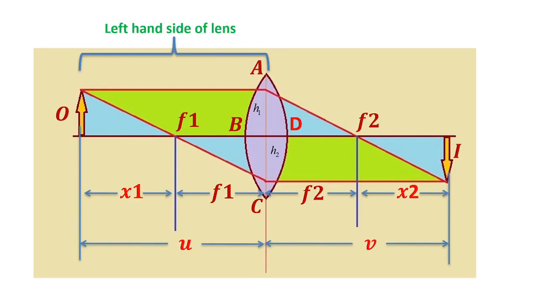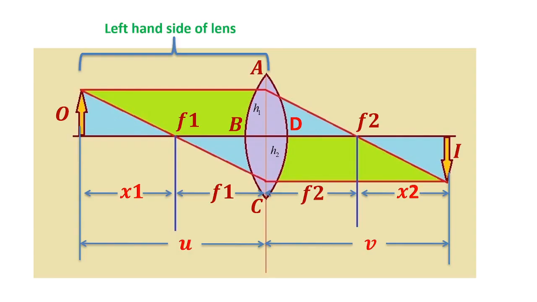A light ray coming from the object is incident on the surface ABC parallel to the principal axis, and one of the light rays simultaneously coming from the object passes through focal point F1 at the left hand side of the lens ABCD.